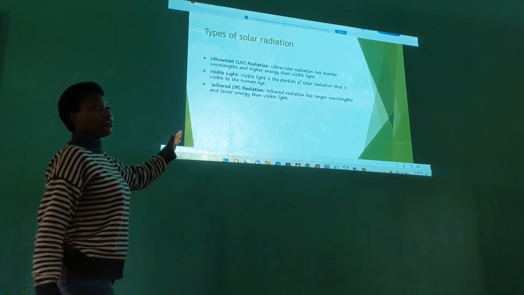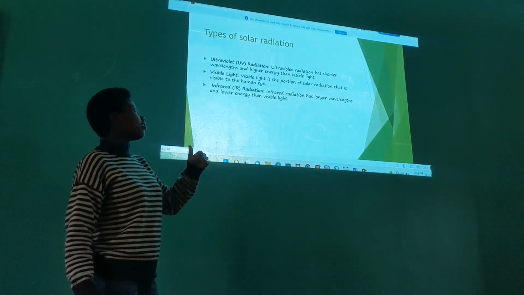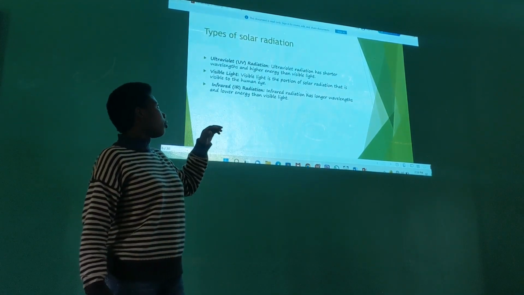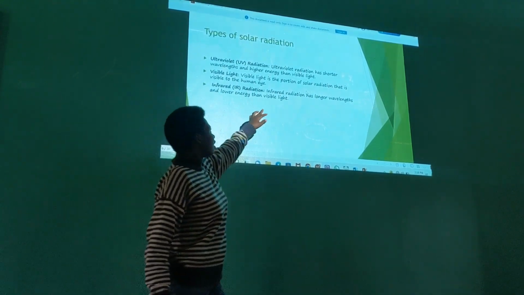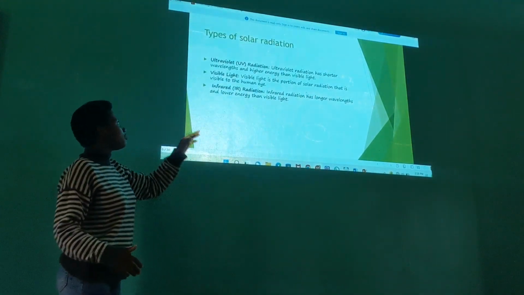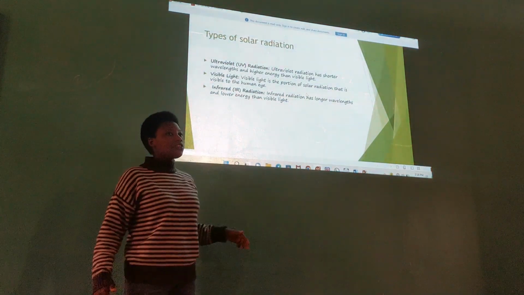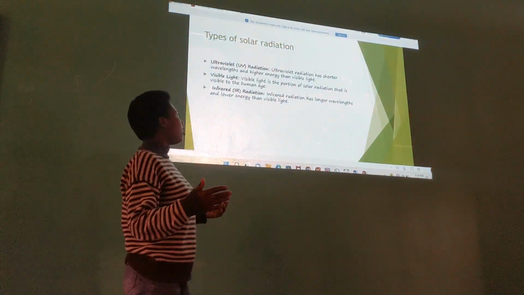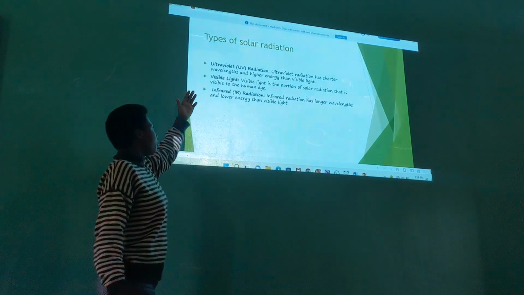The second one is visible light. Visible light is the part of solar radiation that is visible to human eyes. Everyone can see this light.